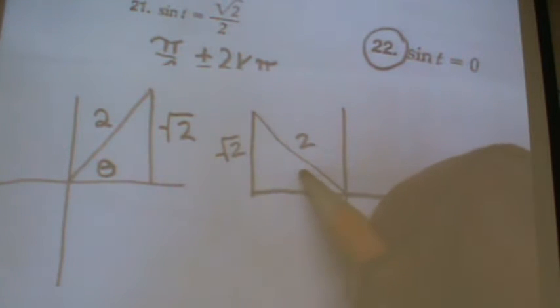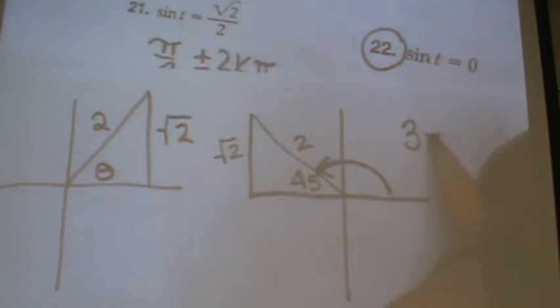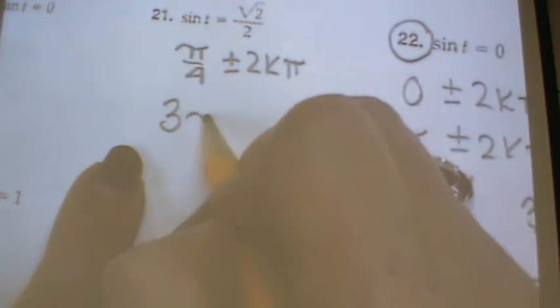This is a 45-degree angle right here, but I want this measurement right here. So if this is 45, what's it from here to here? 135. Can you give it to me in radians? 3 pi over 4. So this ratio is going to occur at not only pi over 4, but 3 pi over 4.